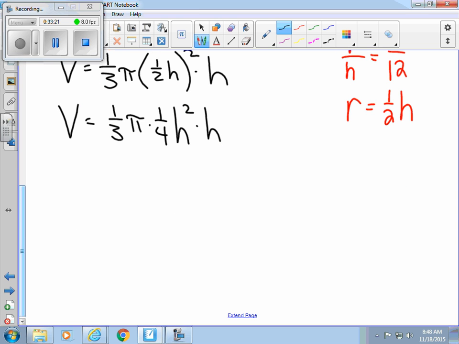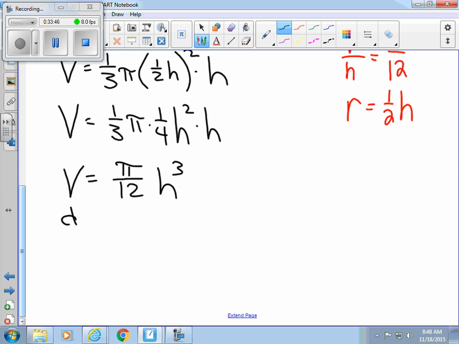I could take the derivative at any point along here, but what else could I do? What's one more step I could do to really simplify my life? Pi over 12 h cubed. Pi over 12 is just a constant, correct?